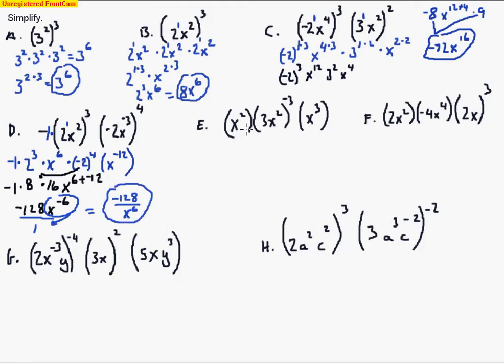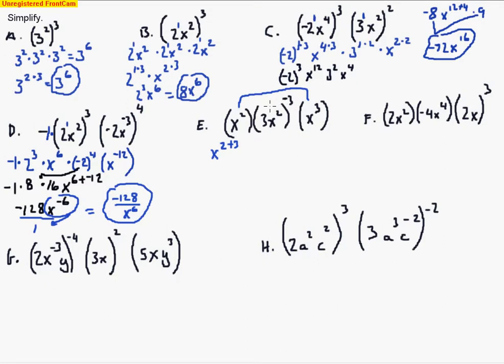Well, another one here. We have to clear just 1 in this case. See, there's no outside exponent on these. So I'm just going to take these two terms right here, and I'm going to bring them together. X squared and a 3 as well. Now let's go ahead and clear that parenthesis with the exponent on the outside.